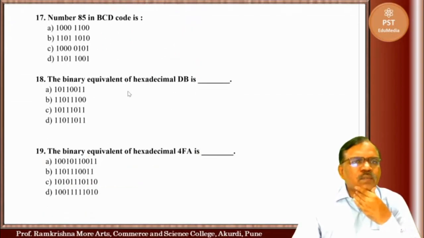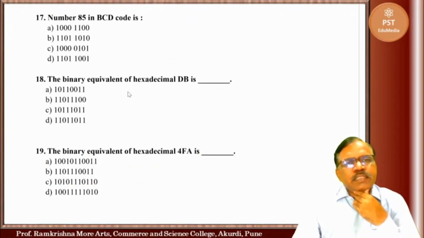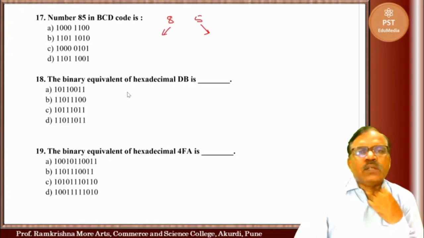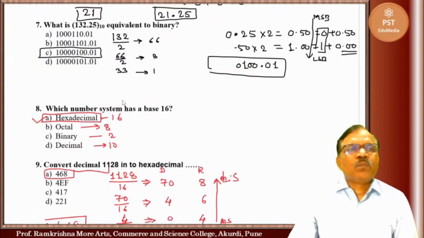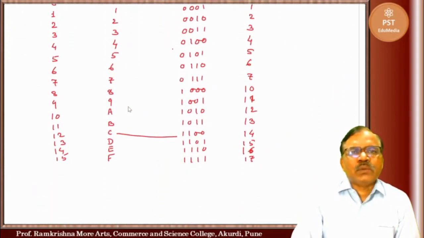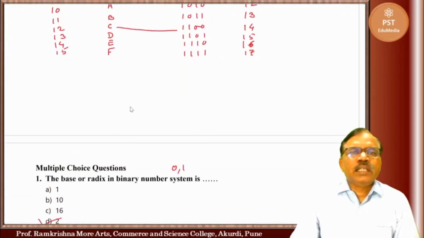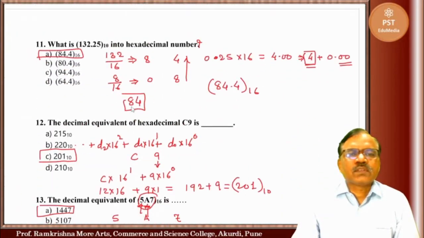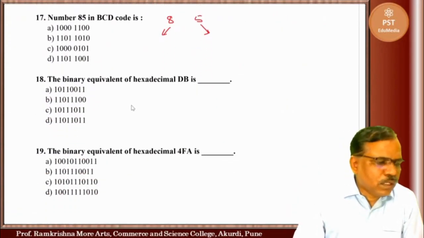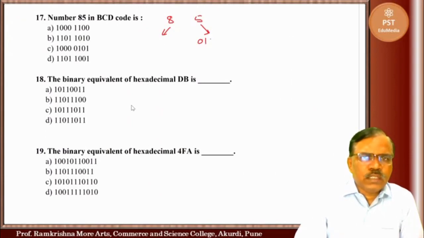Now the number 85 in BCD code is: corresponding to each digit we take the 4-bit binary. For 8 we have 1000, and for 5 we have 0101.